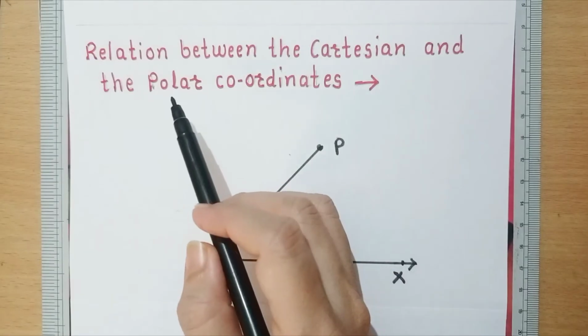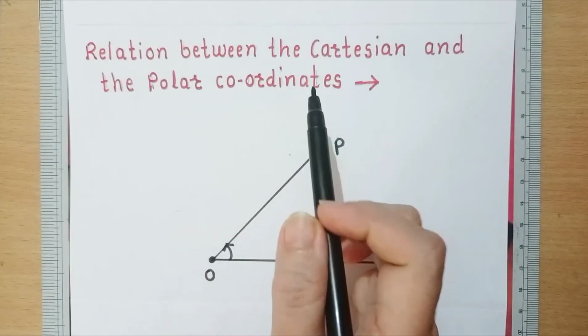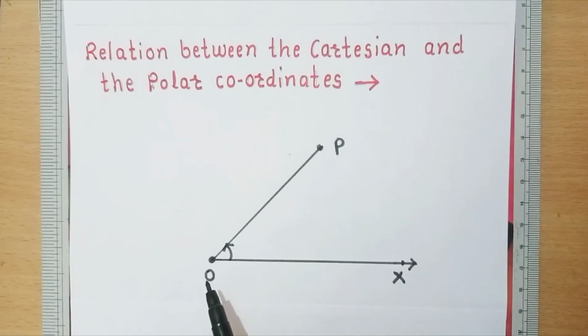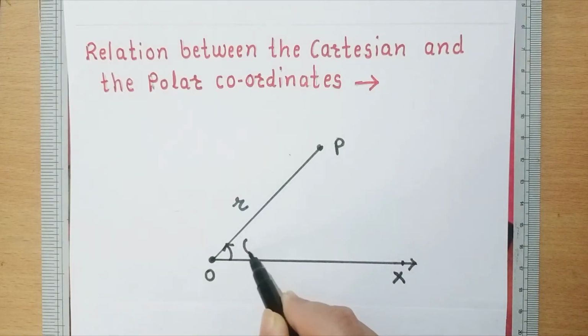Then let's see what the relation is between the Cartesian coordinates and polar coordinates. Here we know that O is the fixed point, which is called the pole. OX is the initial ray, which is called the polar axis. r is the radius vector and theta is the vectorial angle.